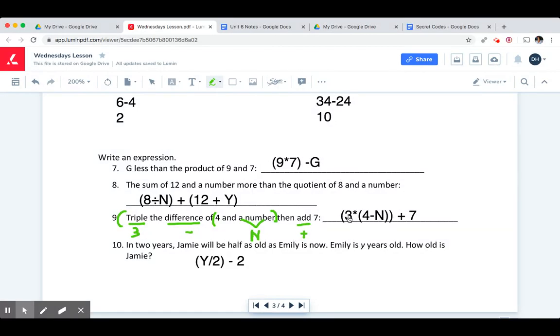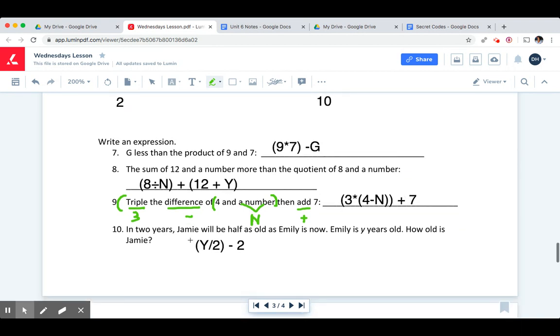So here, I use nested parentheses, and I did 3 times parentheses 4 minus n, close both parentheses, plus 7, showing that this group of nested parentheses has priority, but first you need to do the subtraction, and then you can do the multiplication, and then you will do the addition.